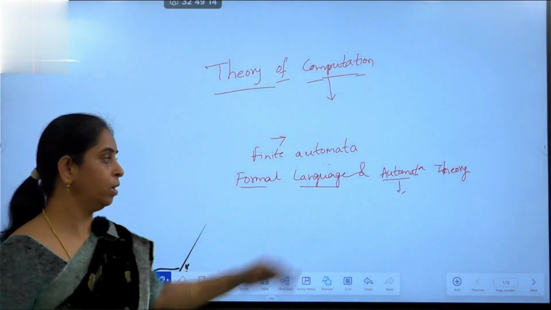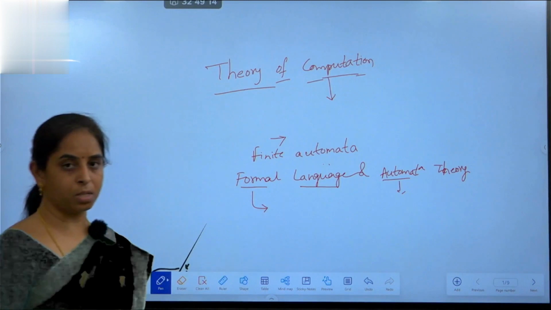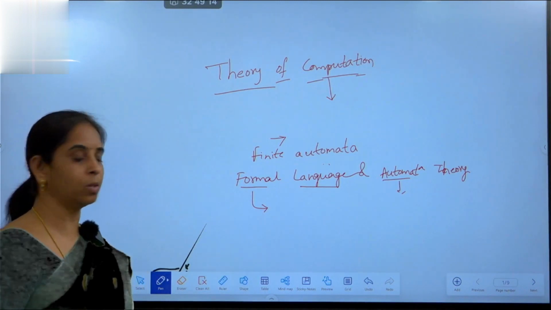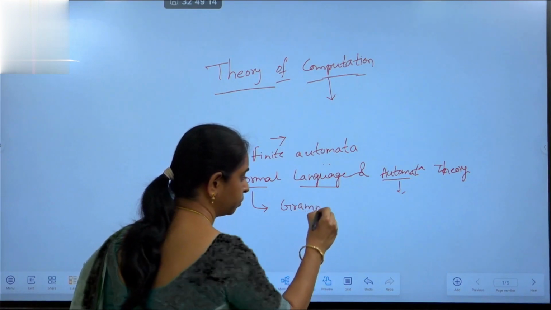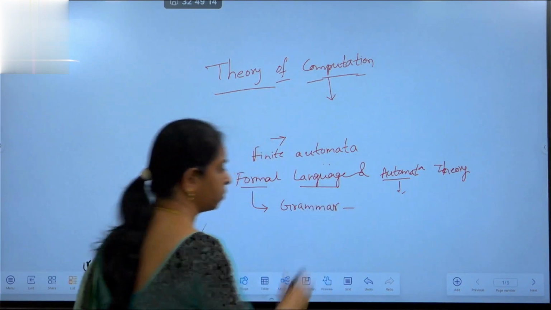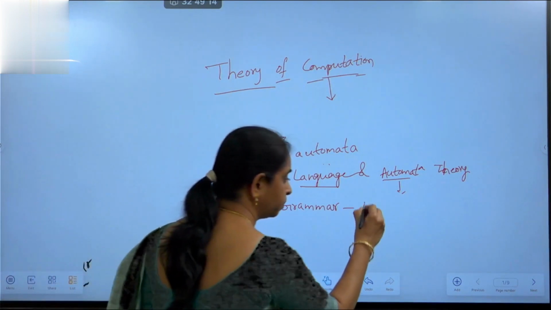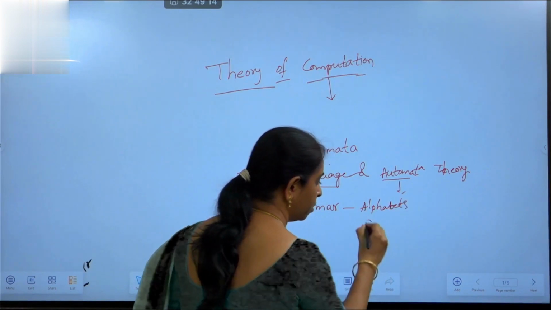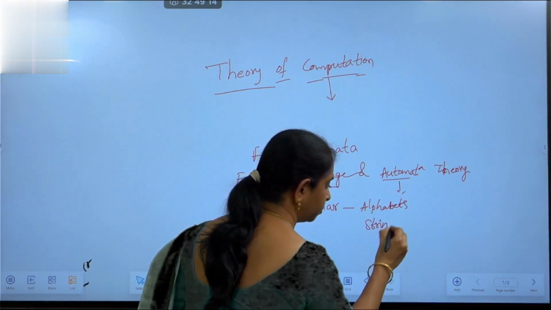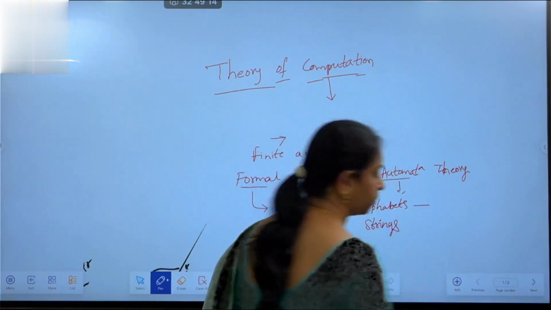in the real world. Coming to the formal language, before discussing it, we will get to know some terms like grammar. We all know that grammar contains alphabets and strings. What is meant by alphabet?